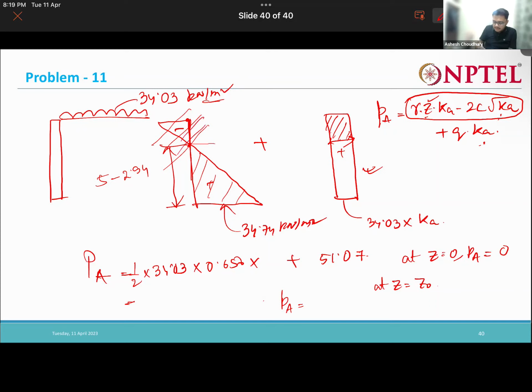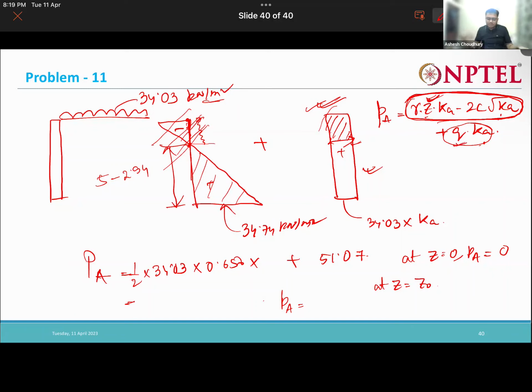Here also you just calculated it, we are getting 0, and here also we will be getting 0. At Z equal to Z naught, we know that this is 0. The equation part will be 0 for this total depth Z naught. Only the surcharge part will be there, and below Z naught, this and this will also come into play.